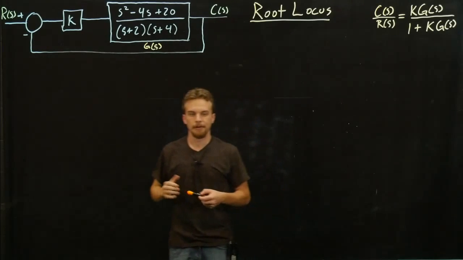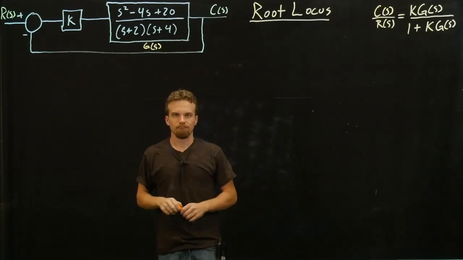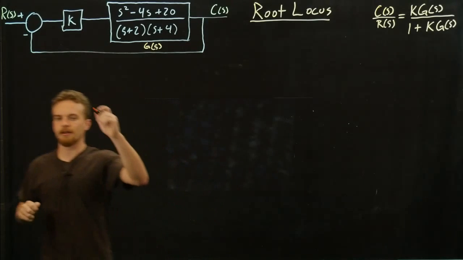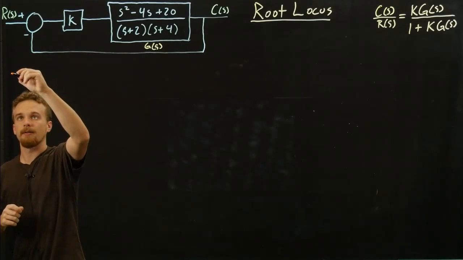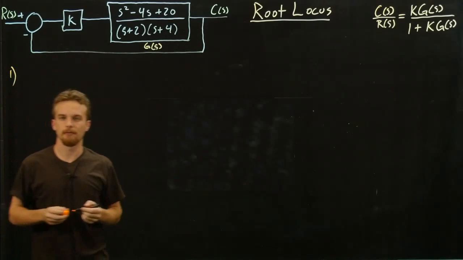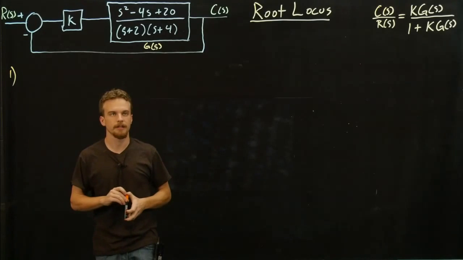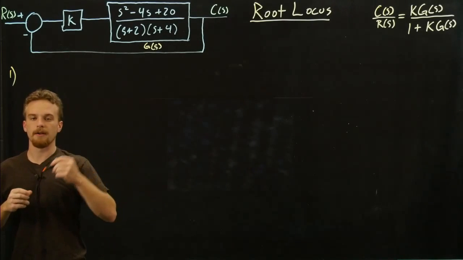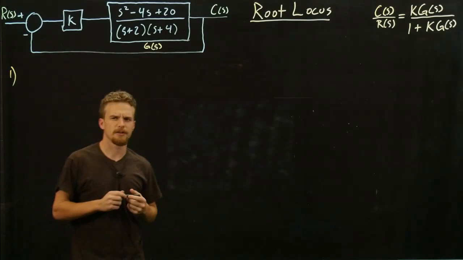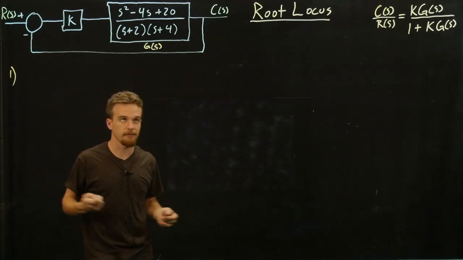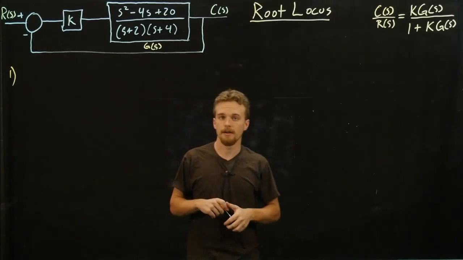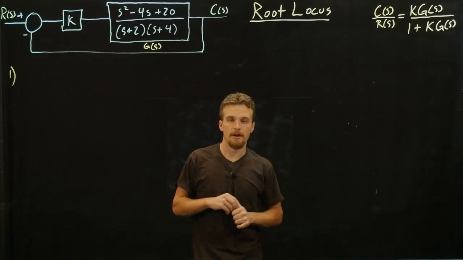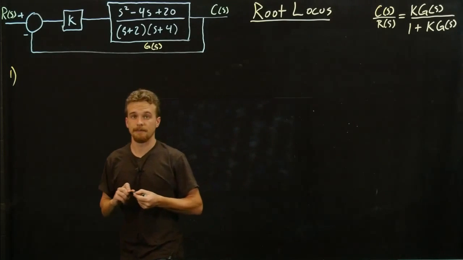All right, so let's get started here. There are 5 basic rules that we have for sketching root locus. The first one is that the number of branches in our root locus, which is the number of separate paths we'll see, is going to be equal to the number of poles in g of s.